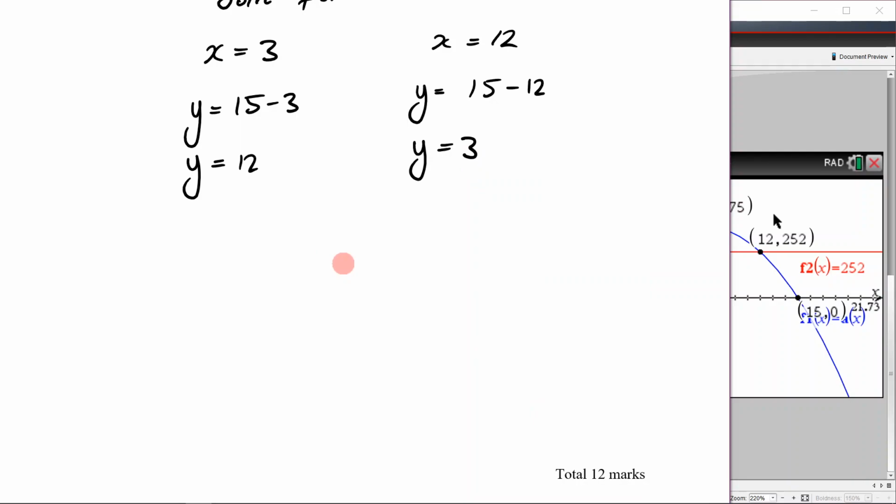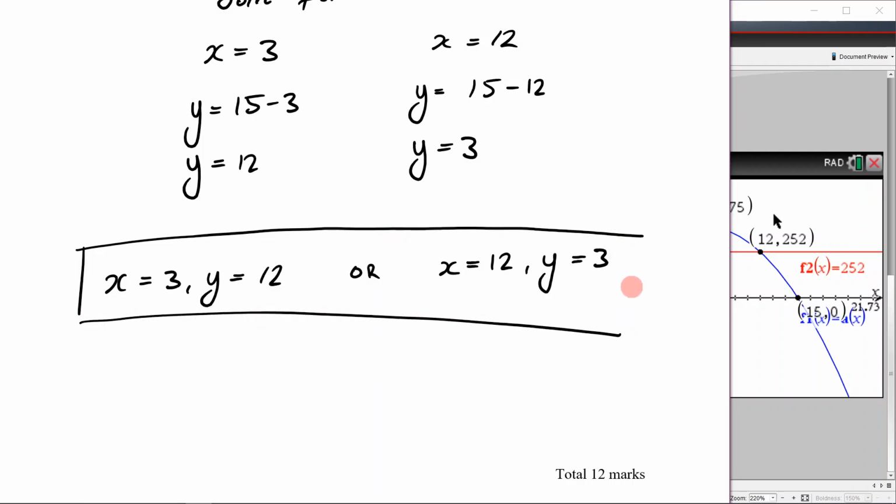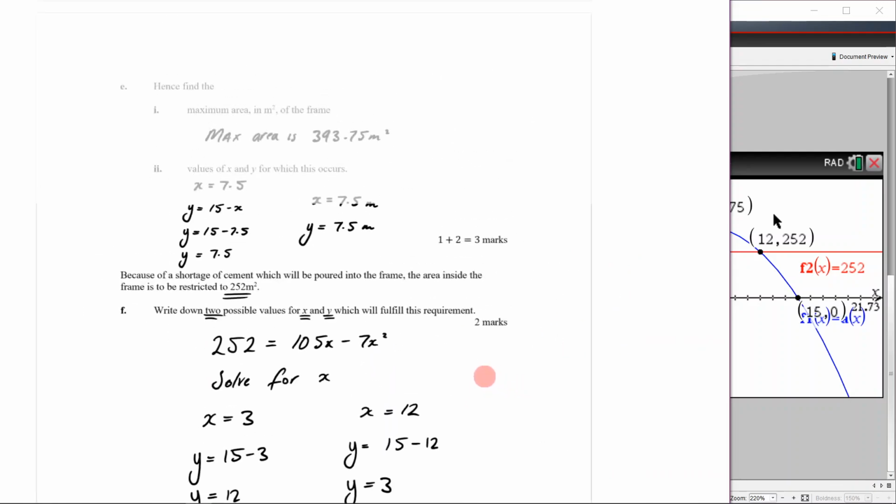So I would just want to write this out nice and clearly at the end. So it's going to be x equals 3, y equals 12, or, that's the ugliest or I've ever seen, or it will be x equals 12 and y equals 3. Those are our answers. Perfect.